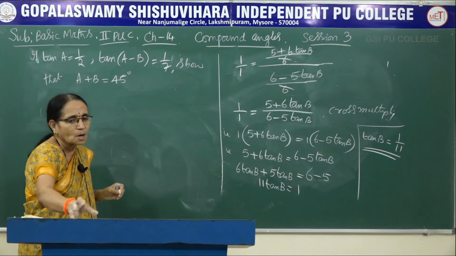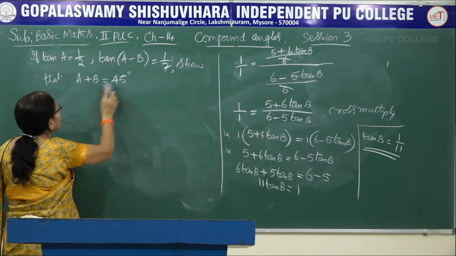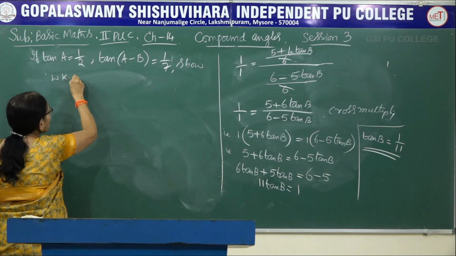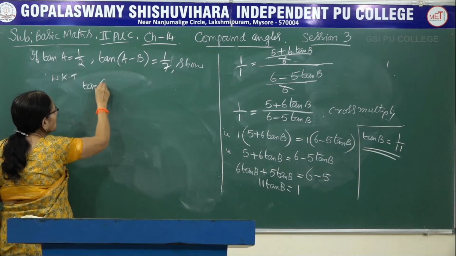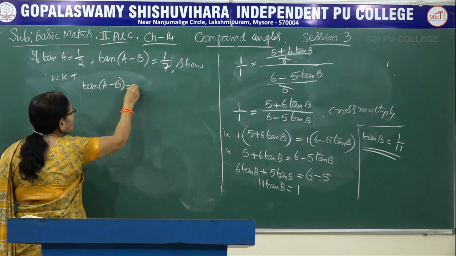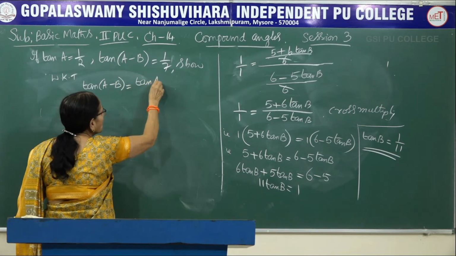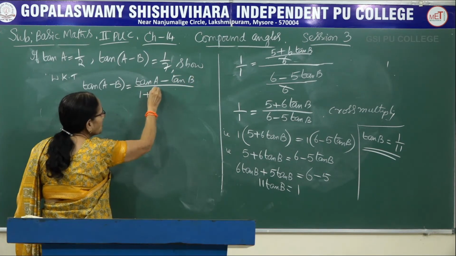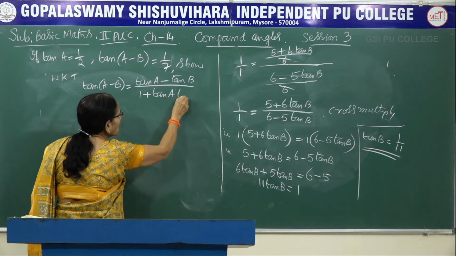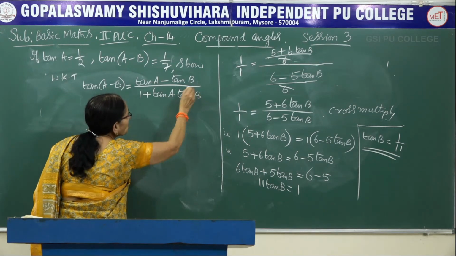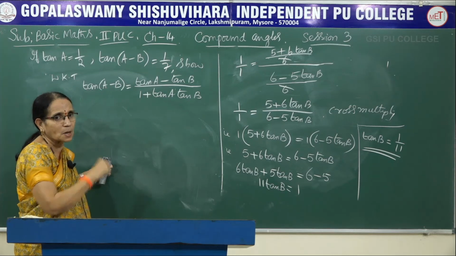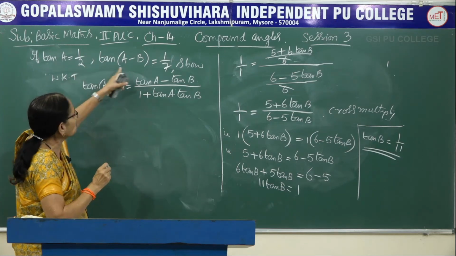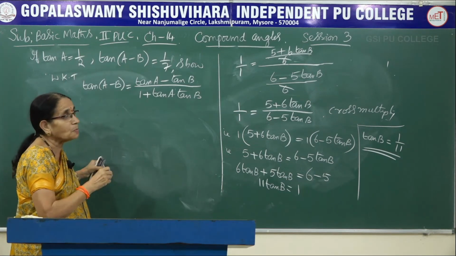So what I do is, first I take the expansion of tan of A minus B. We know that tan of A minus B is equal to tan A minus tan B divided by 1 plus tan A into tan B. Because if you want to prove something about the angle A plus B, the value of tan B should be known to us. How can you get that one? Using the first part of the problem.